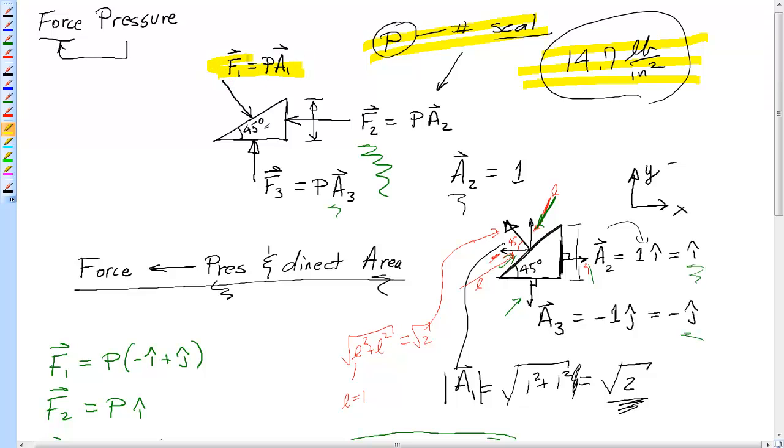The pressure and the area dictate the force. The direction of the force has all to do with the direction of the area. So you look at these in vector components, and it starts making a little bit better sense. So with that, we're done.